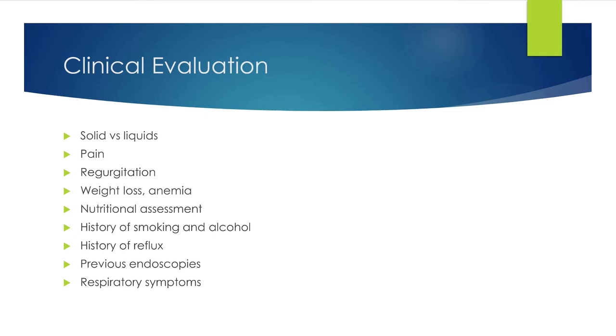With any patient who comes with dysphagia, you need to know the duration of the dysphagia. Did it start gradually and deteriorate, or was it all the same right from the beginning? The duration of the symptoms would give you an idea. Usually, malignant strictures lead to dysphagia in a short period of time. Do they have pain with it?